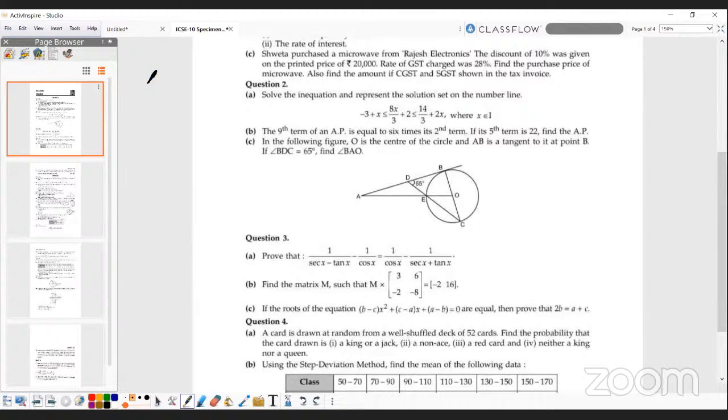Yes, sir. But maybe in the board exam, if this type of question comes, they will ask it for 4 marks, right? Okay. Now if the question comes in the compulsory part, you have to do it. Proof means you should show both sides equal, right? Yes, sir. Definitely, if such a kind of question is asked, they will give you 4 marks. Okay. Okay, sir. Yes.